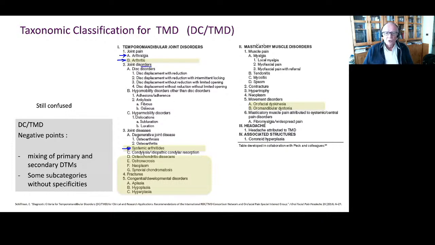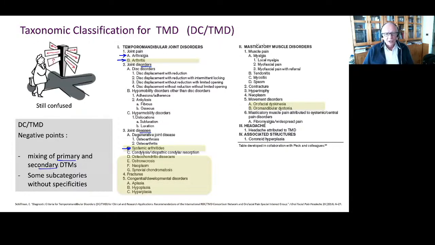You have disorders and you have disease. That is interesting. In fact, this classification mixed primary and secondary temporomandibular disorders. And it is a negative point.